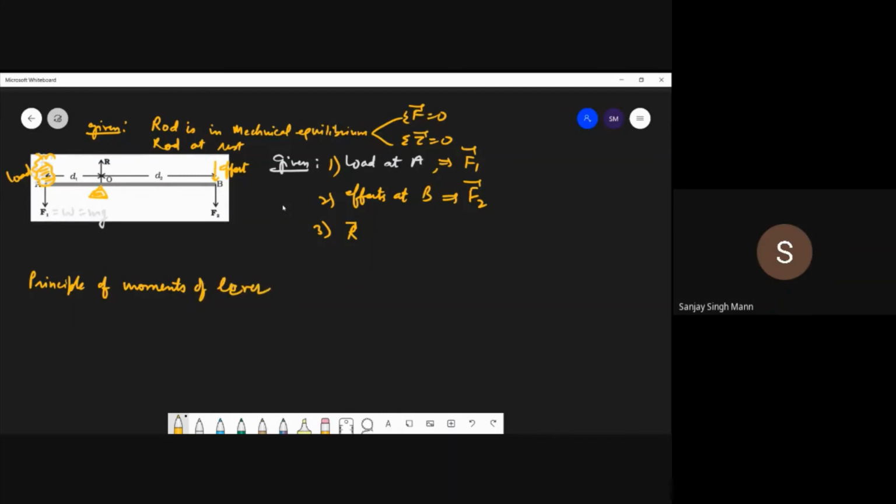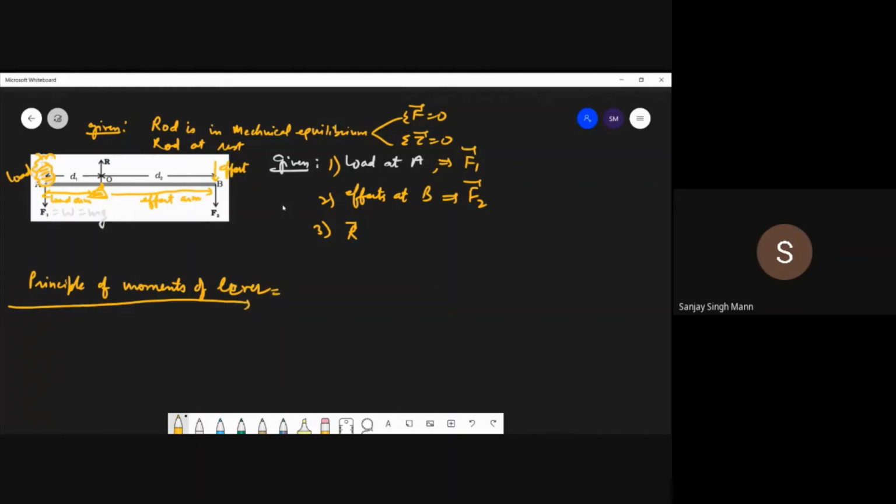Students, see this thing. This is load. So this rod is divided in two parts by this support. One is this part towards the load and second one is towards the effort. So the part which is towards the load, we call it load arm. And the part which is towards the effort, we call it effort arm.